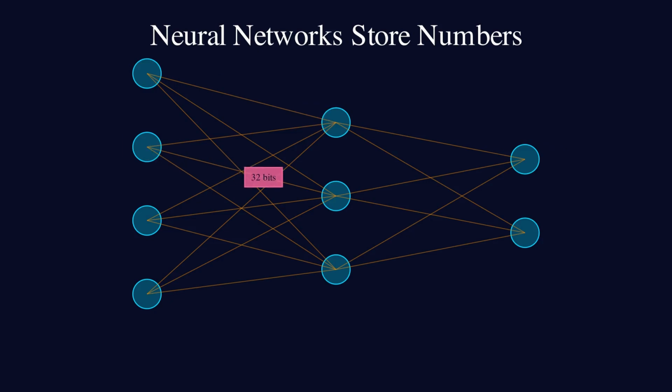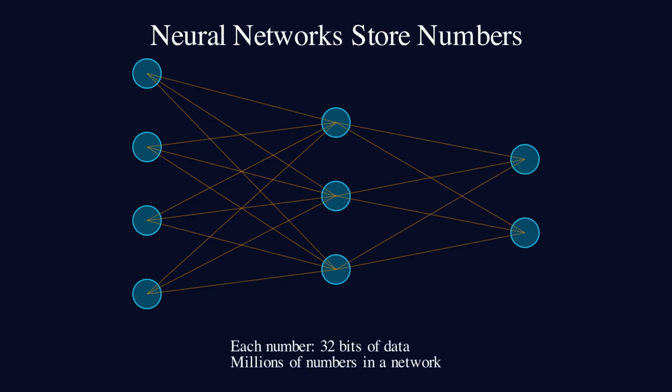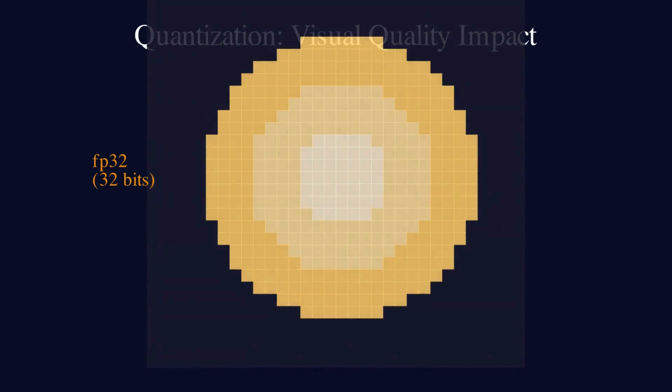Quantization sounds complicated, but I'll try to explain it in the most simple terms. A neural network stores numbers, many of them. In full precision, FP32 that is, each number takes 32 bits. Quantization reduces that precision to FP16, and it cuts storage in half.